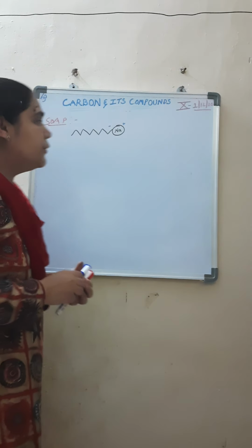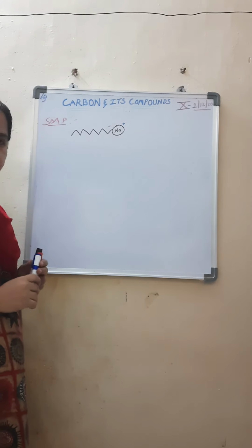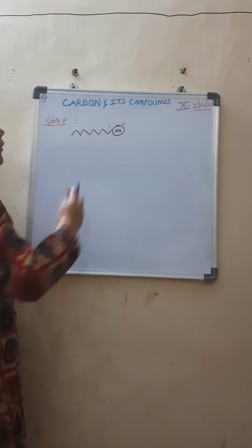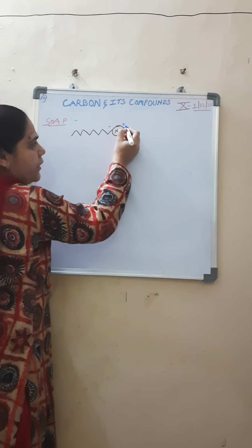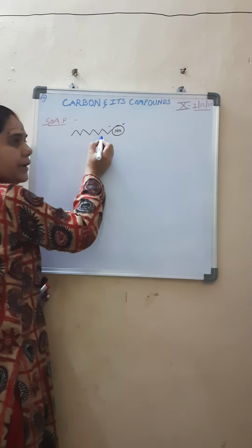So children, let us see now how a soap actually works upon dirty clothes. Now as I told you, every soap molecule will have two ionic parts. One, the positive ionic part, the sodium ion, and the other is your carboxylic chain part.